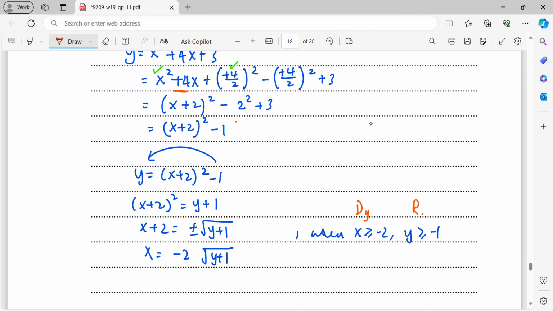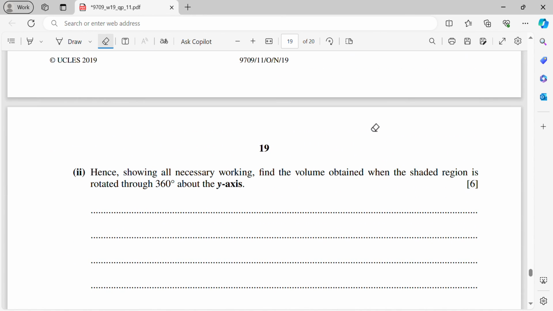Basically this x later on is to find the inverse function. The range of the inverse function will be the domain of the original function, so it should be at least -2. So in order to get at least -2, I have to choose plus, because if you choose minus, it will be less than or equal to -2, more negative. So that is how we choose the plus or minus sign. Clear? So done for that question.